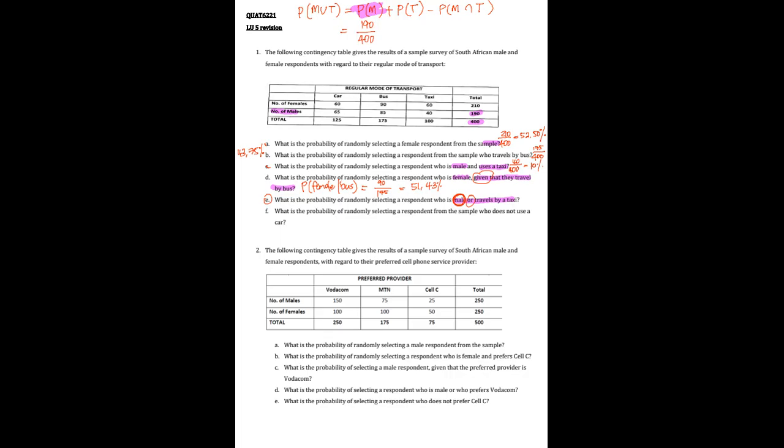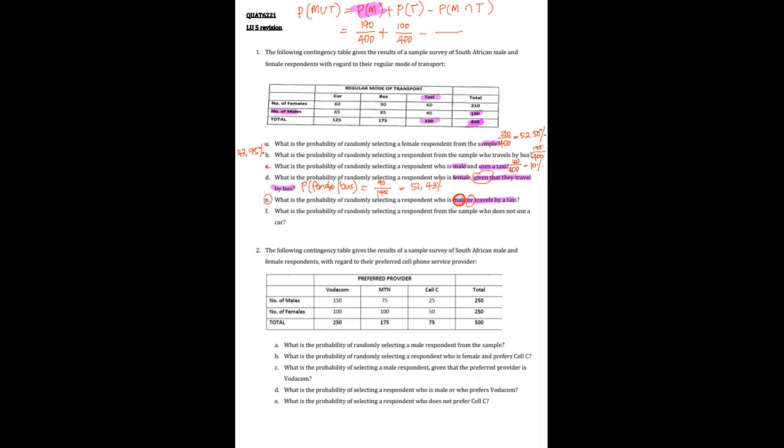You'll go to taxi, and the total is 100 out of the 400 again. So it's 100 out of 400 who travel by taxi. And then you have minus the probability of it being a male and a person who travels by taxi.